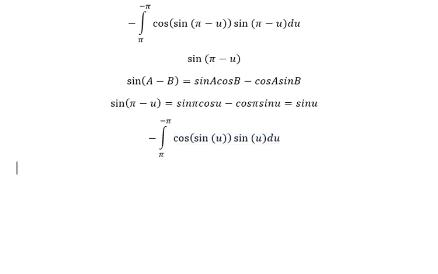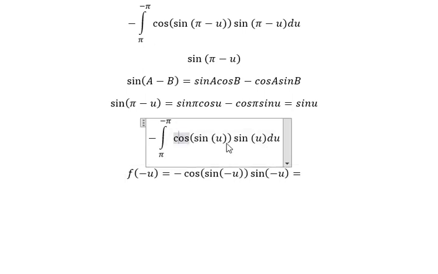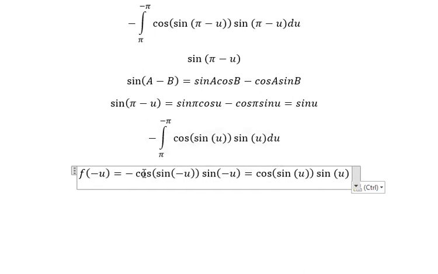Next, if we consider f of negative u, we put in the negative u here and here. So the negative in front and the negative here will cancel together.